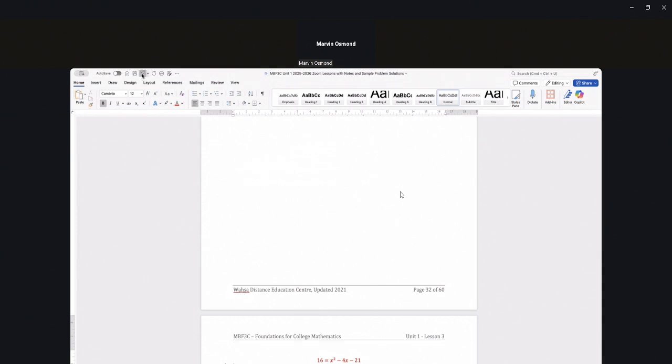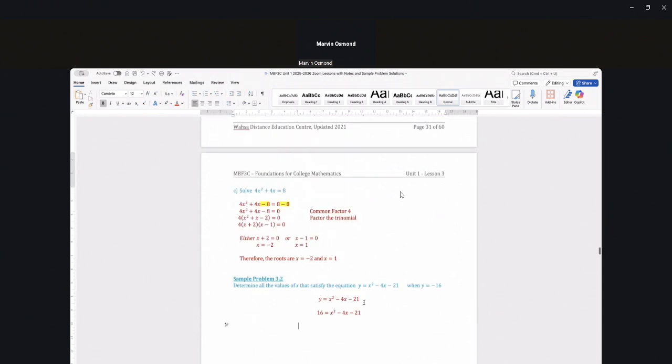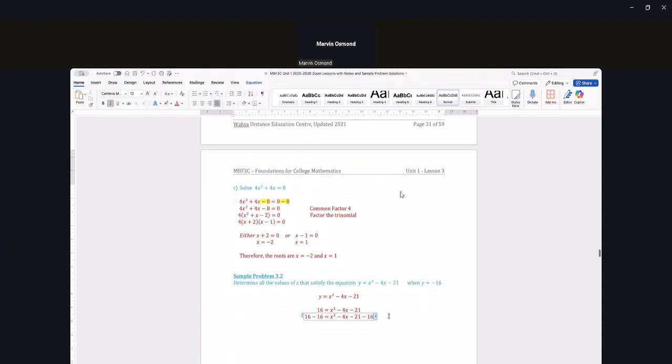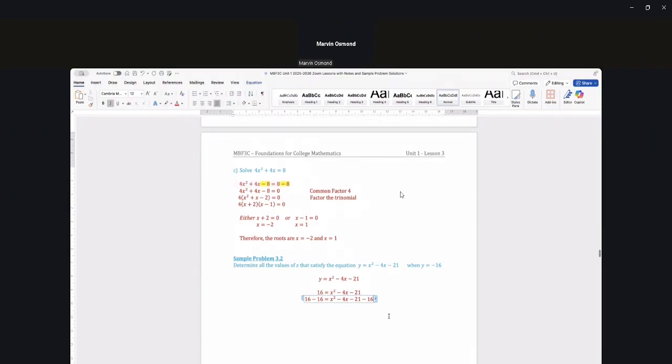So I'll click the undo button. Let's come back up here. Try it now. So we are going to subtract 16 from that side of the equation to get 0, and then subtract 16 from that side of the equation to get 0.